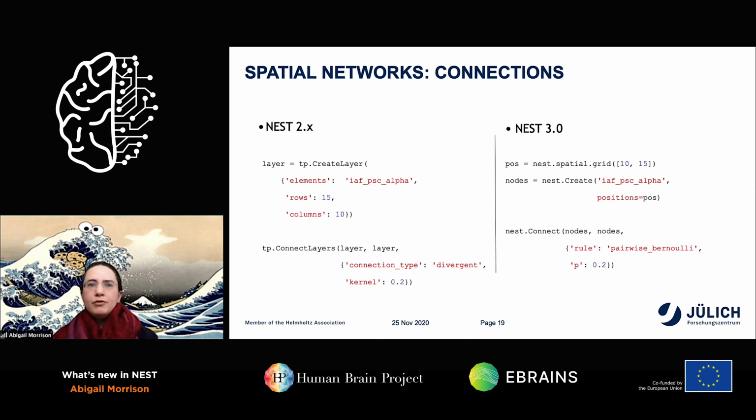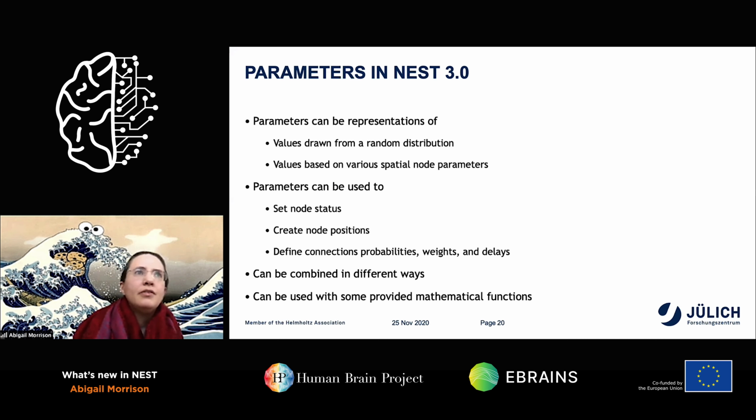I mentioned before that the node collections and synapses were particularly useful in combination with our new approach to parameterization in NEST. So I'd like to talk about that for a little bit. We can have parameters that are drawn from a random distribution and based on spatial node parameters.